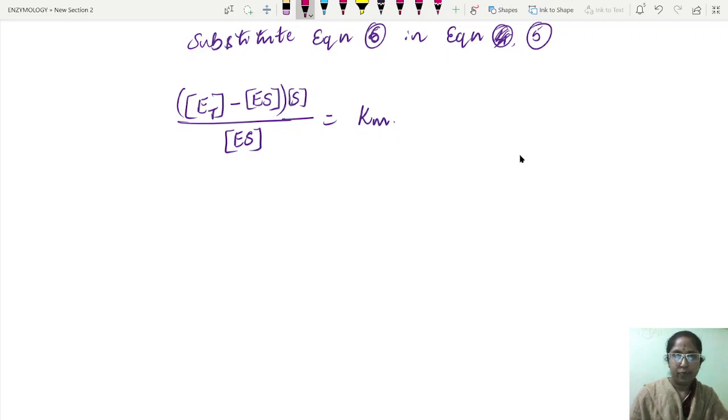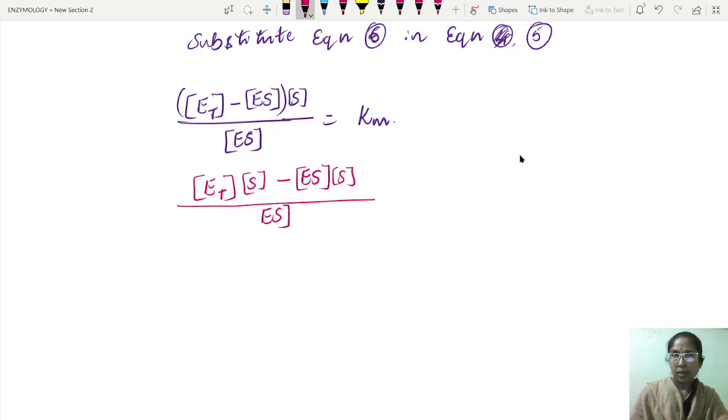Therefore, Et into substrate concentration minus ES into substrate concentration, this whole divided by the ES complex, is equal to Km.